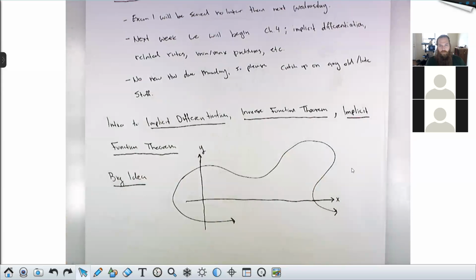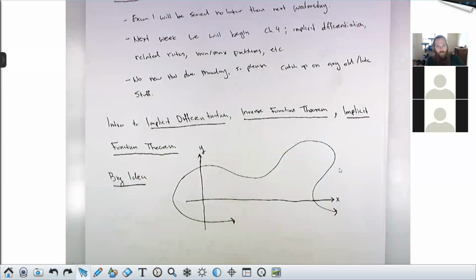This thing fails the horizontal line test, right? There are many horizontal lines that intersect this graph more than once. And there are many vertical lines that intersect this graph more than once. Because there are vertical lines that intersect this graph more than once, this is not a function. And because there are horizontal lines that intersect this graph more than once, its inverse is not a function.